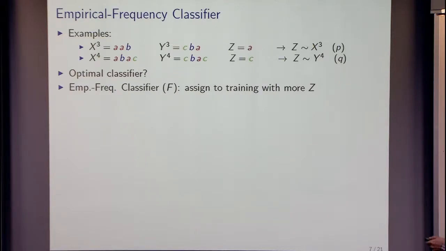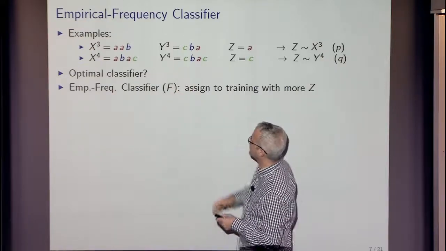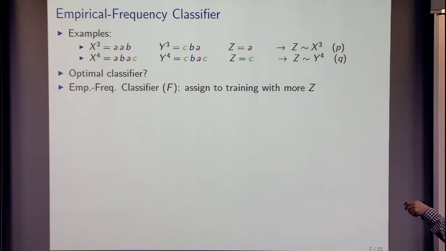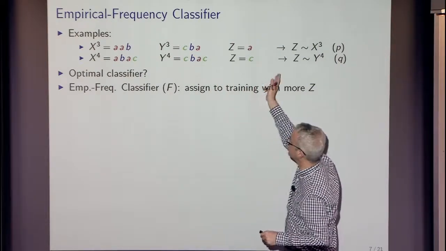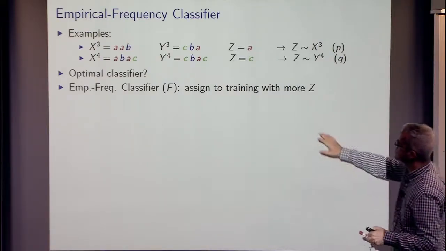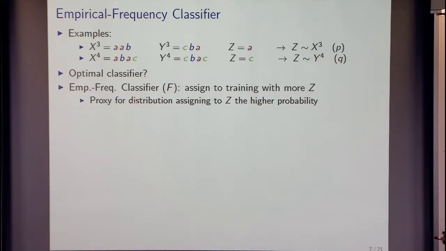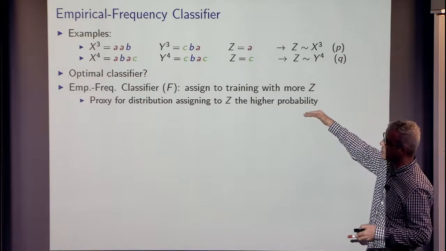One possible thought is the empirical frequency classifier, which we call F. We train the distribution based on these training sequences, and we assign the test to the one with the highest probability, namely we assign it to the training sequence where Z appeared more times. It takes the distribution that assigns to Z the higher probability, which is what we said we need to do.